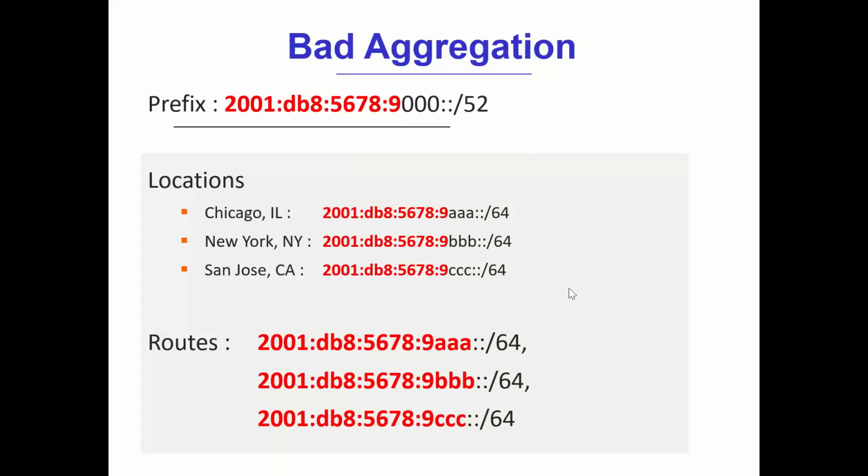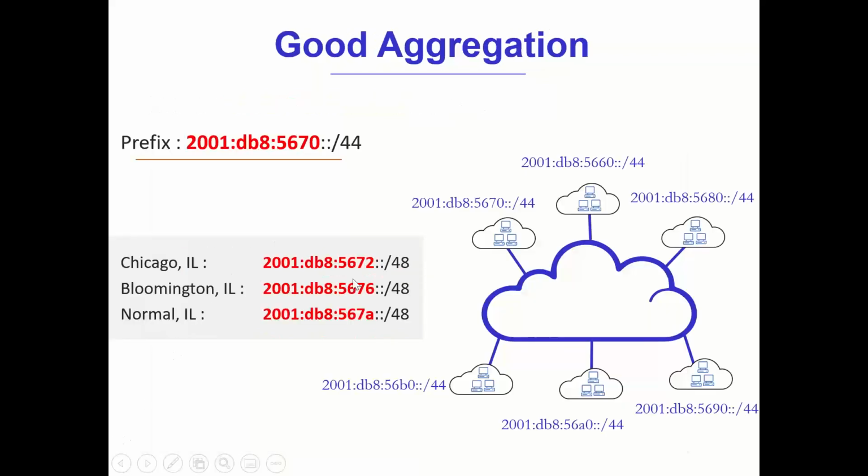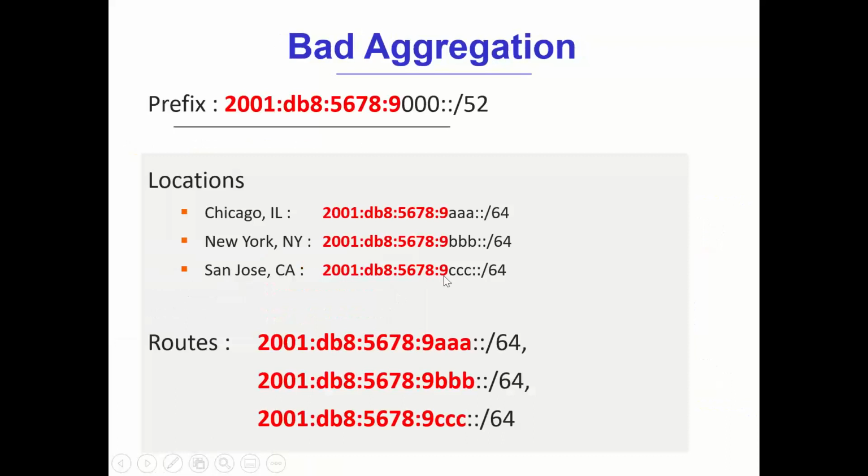But because of how I have done my addressing, my locations, remember I gave them 56, I'm going to end up with, if I do 9AAA, 9BBB, 9CCC, something like that, a route that can't aggregate. You see what I mean?